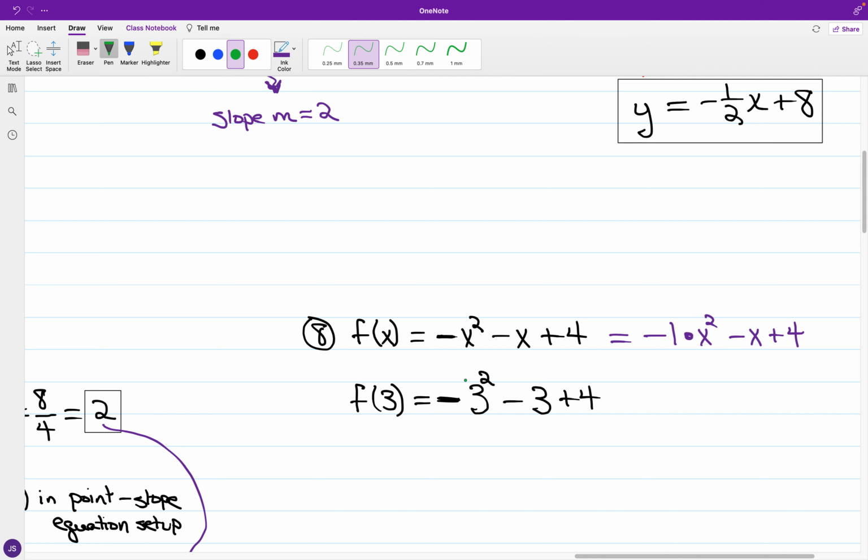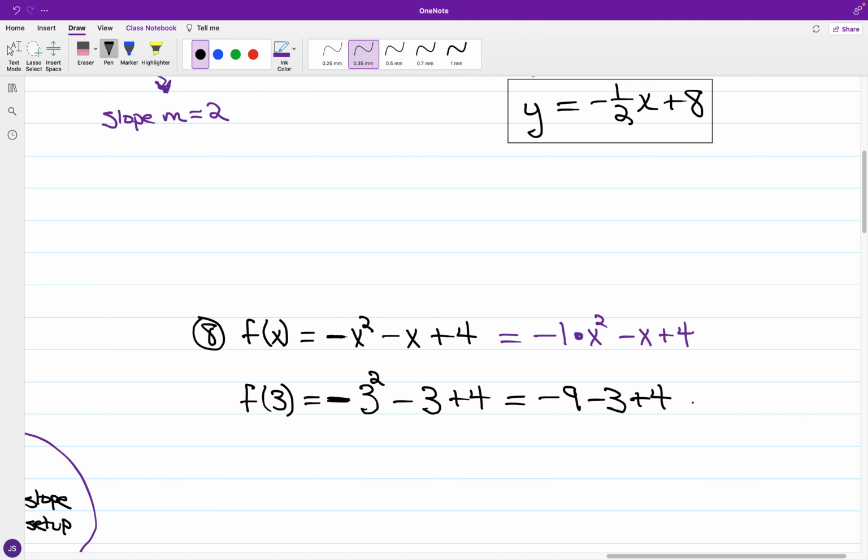Okay, so for what I have, at least in context, 3 squared is 9, but taking the opposite sign of this. So we have -9 minus 3. -9 minus 3 is -12. In turn, -12 plus 4 is equal to -8.